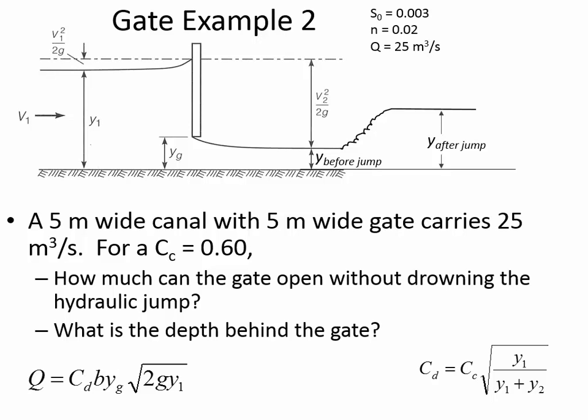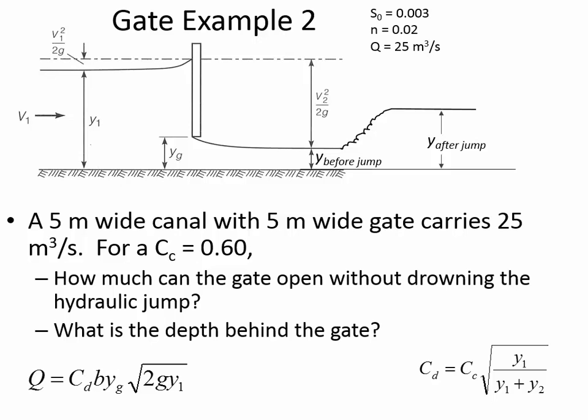The coefficient of contraction is 0.6. We don't know y1, the upstream depth, so we're going to leave that as a variable. But we do know the depth downstream is 1.066. That's the depth before the jump, after it's already gone through the contraction.